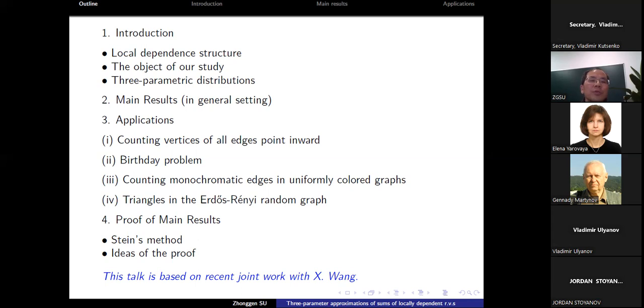It includes some problems in combinatorial setting and random graphs. Finally, I'm going to outline the proof of our main result. Actually, a basic tool is the Stein method. This talk is based on a recent joint work with my PhD student, Xiaoling Wan.